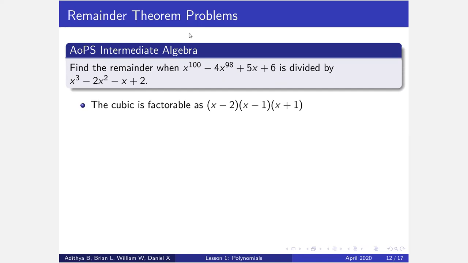So we're going to use the same setup as we did before. We're going to have that x to the 100 minus 4x to the 98 plus 5x plus 6 equals x minus 2 times x minus 1 times x plus 1 times q of x plus r of x.